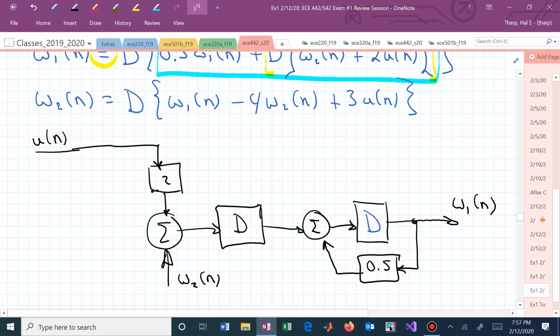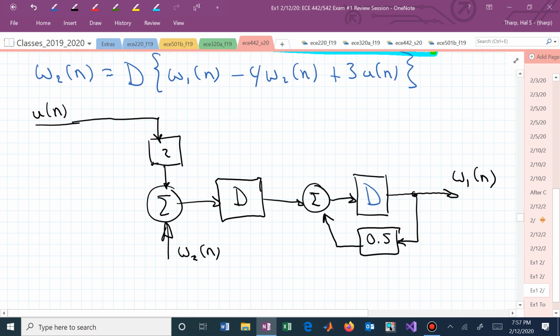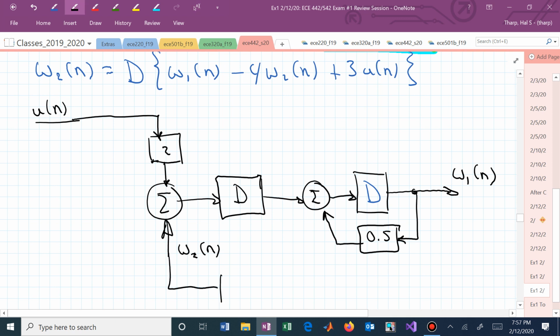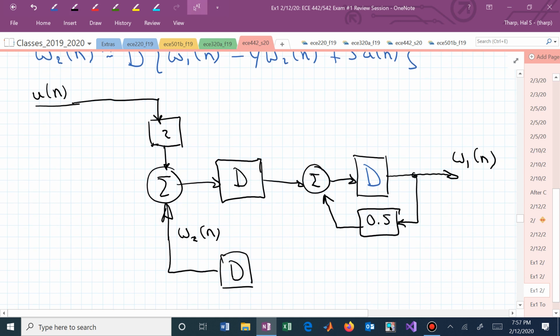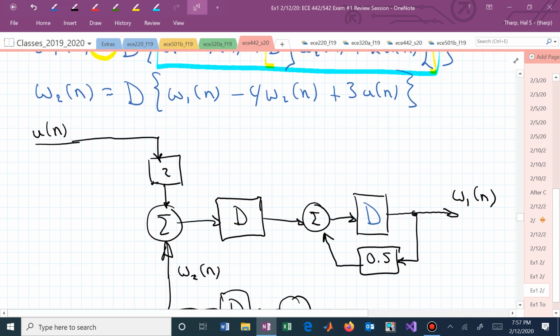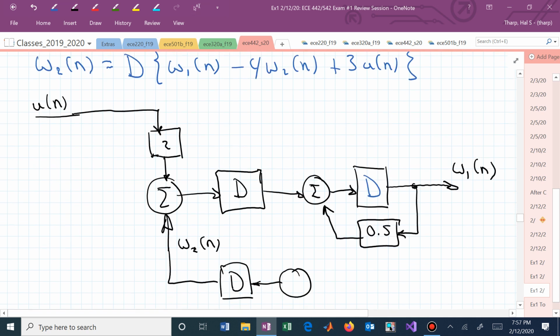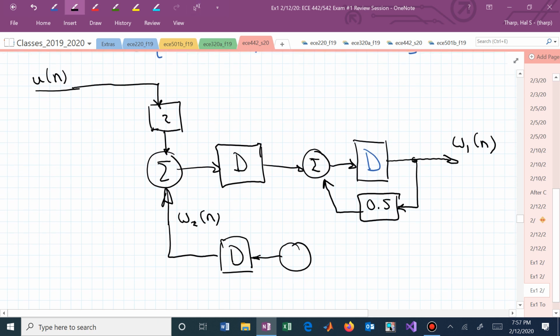But I have to now define W2 based on the second equation. W2 is the output of a delay block. And what's the input to that delay block? Well, if this is W2 of n, it was minus 4 of this. Do you see my signals are actually going in the other direction?